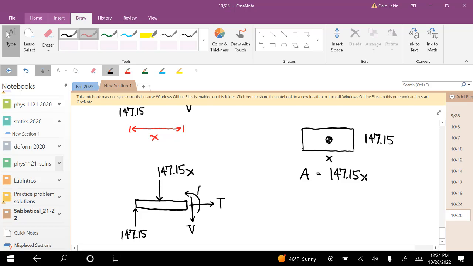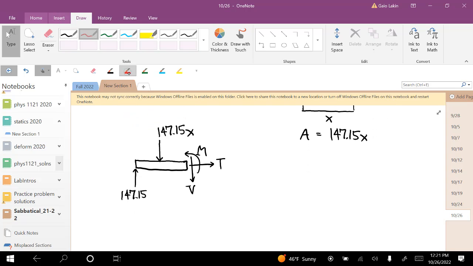We have our internal loads. This distance is x over 2. This distance is x. And now we're doing everything exactly the same as we always did for internal loads. We just had some x's in there instead of numbers.